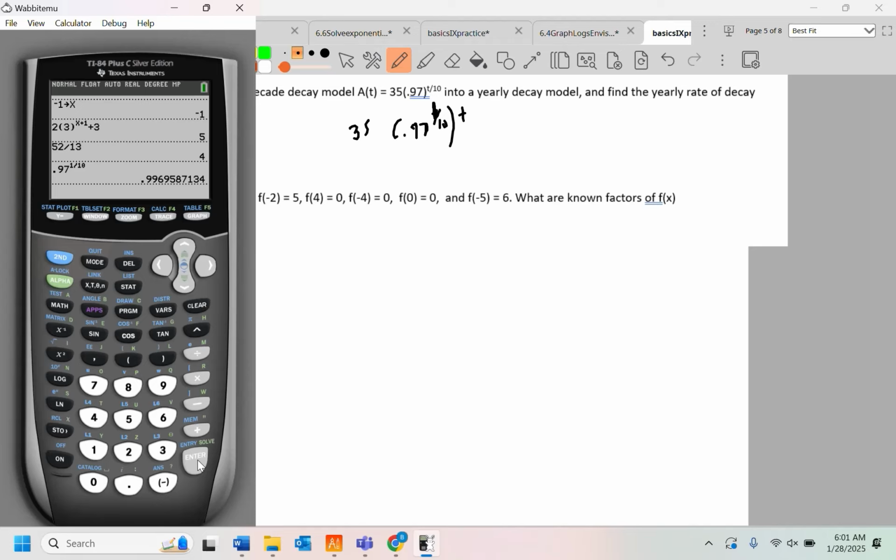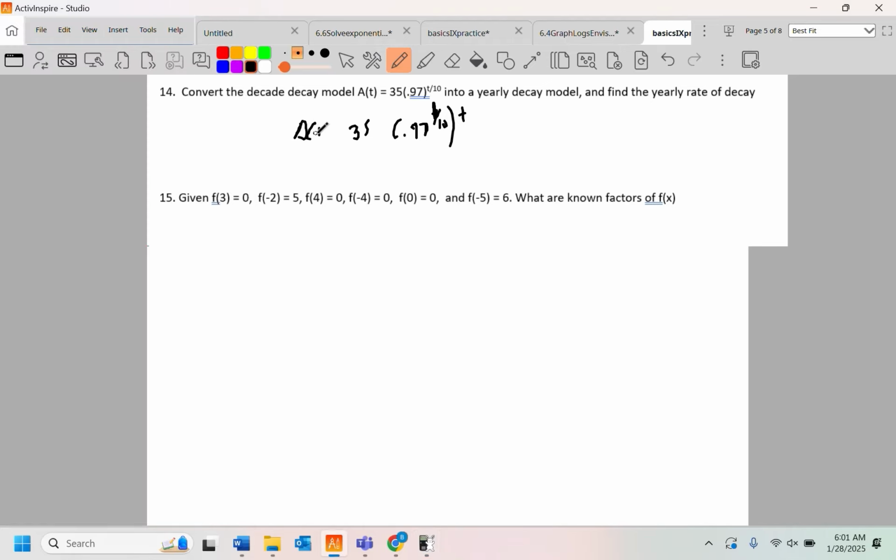That turns that 9 right here into a 10, which makes that round to 7. 0.9970. So my correct model is 35 times 0.9970 to the t. Now, I want the yearly decay rate.